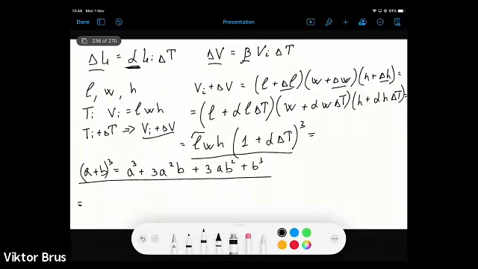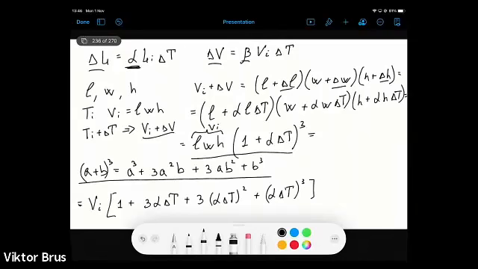By the way, this stands for V initial. So we can write V initial times unity plus 3 alpha delta T plus 3 times alpha delta T in the second power plus alpha delta T in the third power.